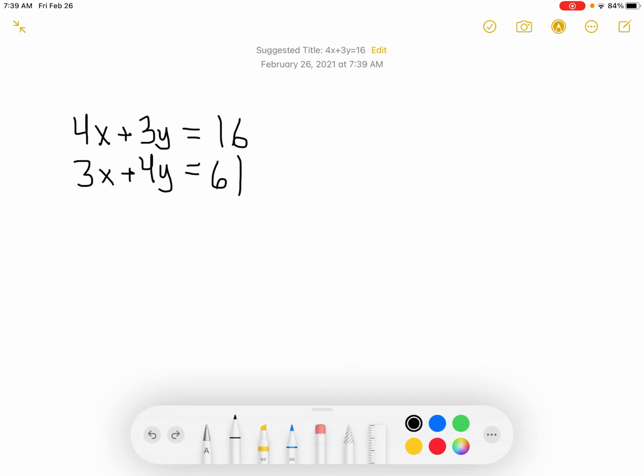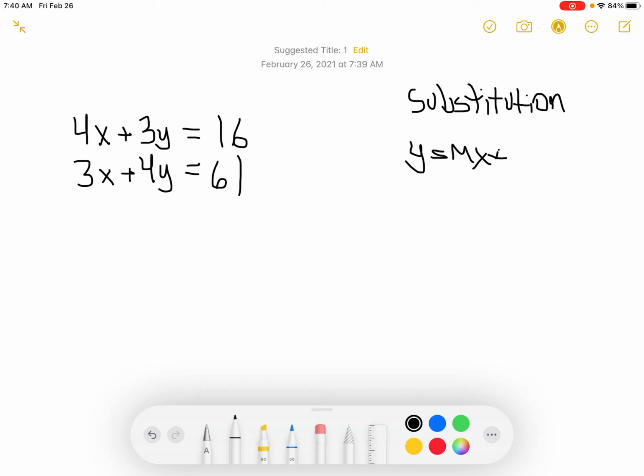The first one is substitution. In substitution, what you have to do is convert one of the equations to the y equals mx plus b form.